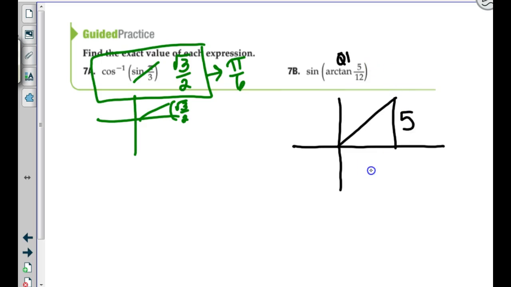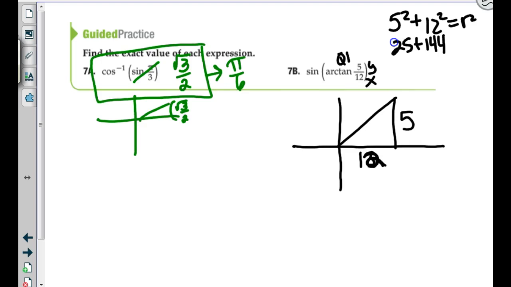And the 12 goes, okay, or y and x, right? Yep, 12. Why am I thinking about 13? Legs squared plus legs squared equals hypotenuse squared. 25 and 144 is 169. So we get 13 here. My brain was jumping ahead.